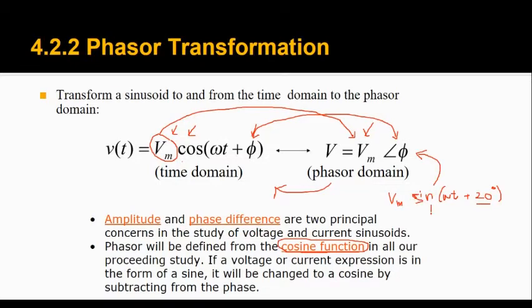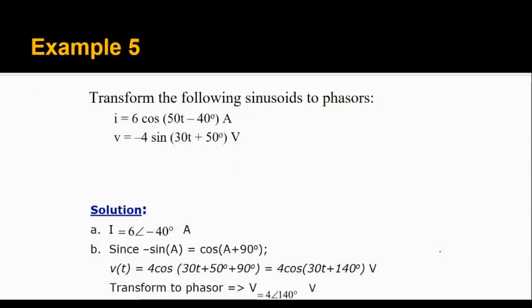You need to transform this into cos first. So you are going to use whatever you learned in the previous subtopic, how to change your sine function into the cos function using the trigonometric function.